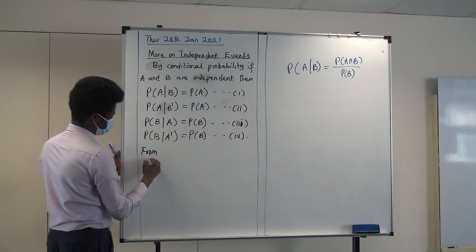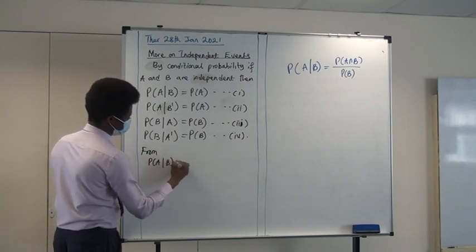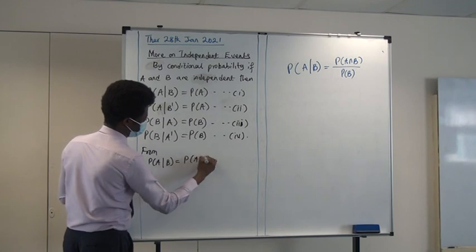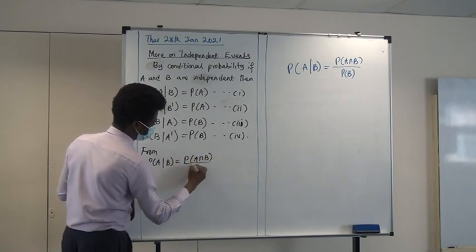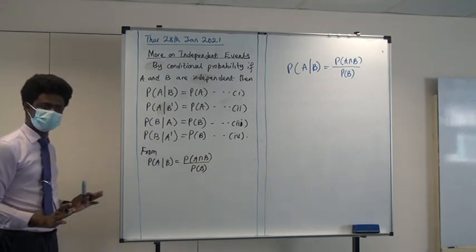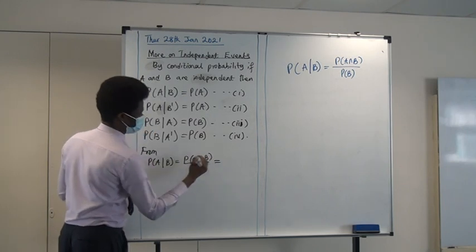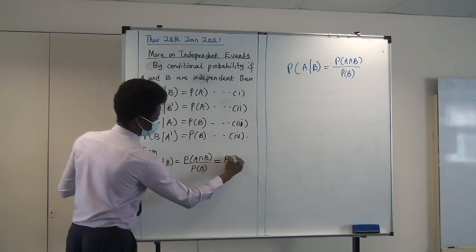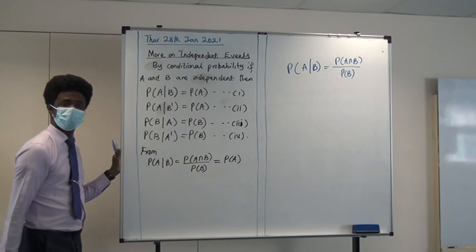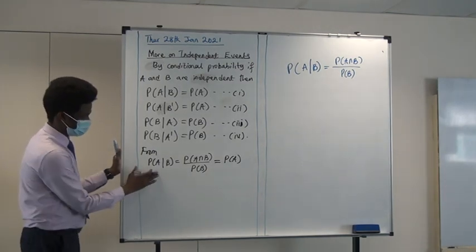Probability of A given B is equal to probability of A intersection B divided by probability of B for any A and B, isn't it? We have just said that this is actually the same as probability of A. Am I making sense? Because if A and B are independent.